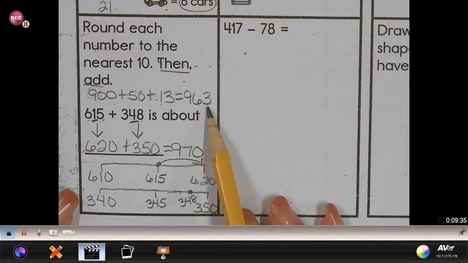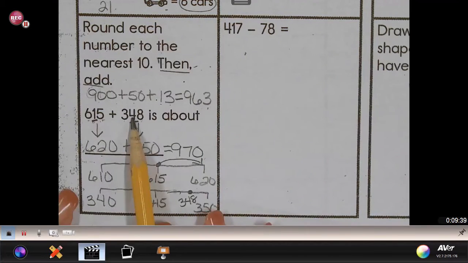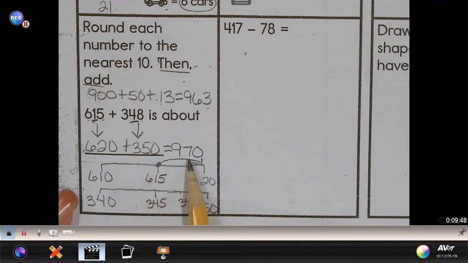So be sure when you are going to estimate, always round the addends or the numbers that are in the equation first before you calculate. So we are going to say 970 is our estimate for our rounded amounts.